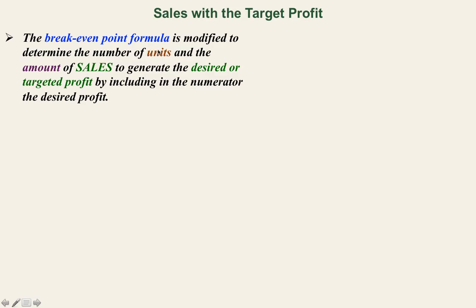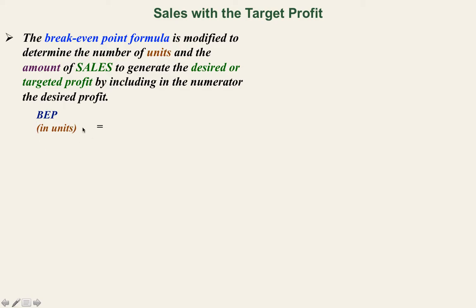The break-even point formula is modified, so we are still going to use the break-even point formula with modification to determine the number of units and the amount of sales to generate the desired or targeted profit, by including in the numerator the desired profit.